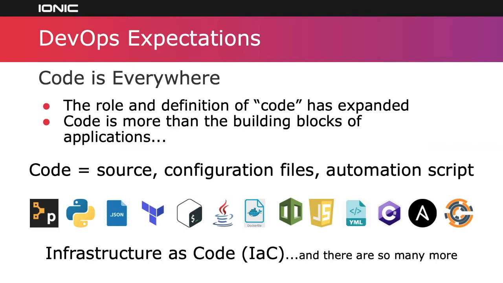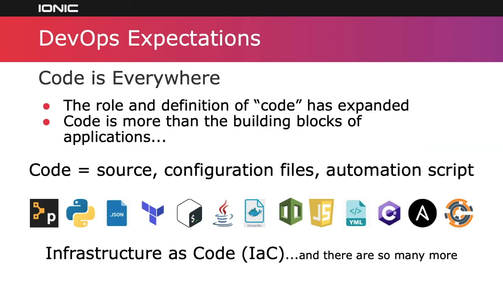In many ways, this has always been true. But with the prevalence of cloud and software-defined everything at this point, code is really taking center stage. So today, code is what it always has been and more.